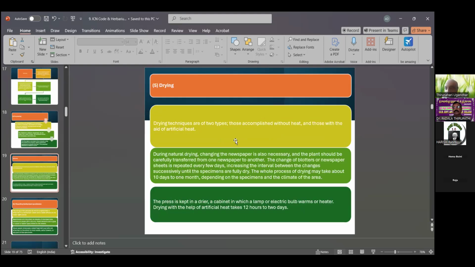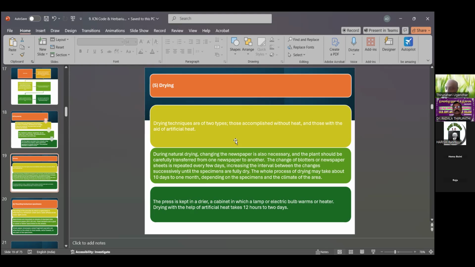Then the fifth process is drying. Drying techniques are of two types: those accomplished without heat and those with the aid of artificial heat. These are the two types of process that can be used for drying. During natural drying, newspaper is necessary.